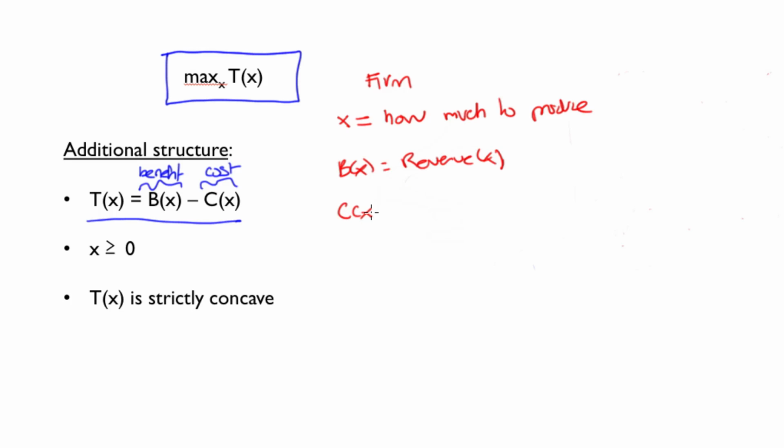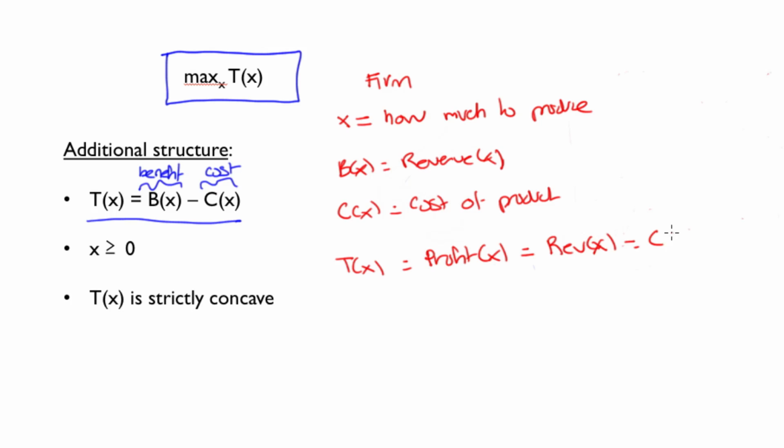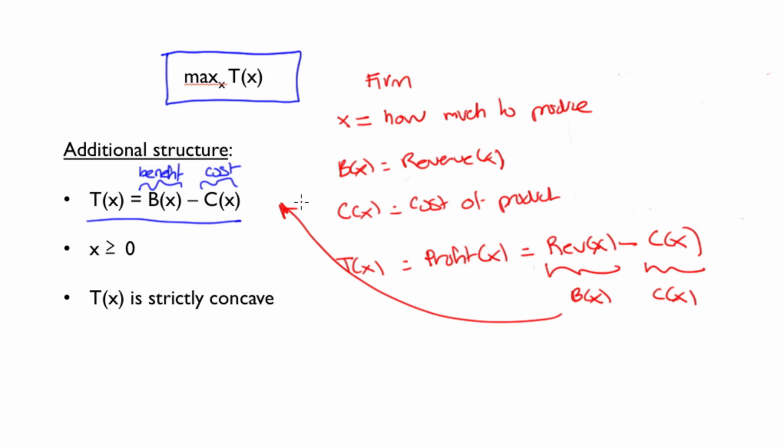The cost is just the cost of producing x units, basically the cost of production, and t of x is equal to the profit of selling those x units, which is going to be just the revenue of x minus the cost of x, which has the structure benefit of x minus cost of x that is assumed here.